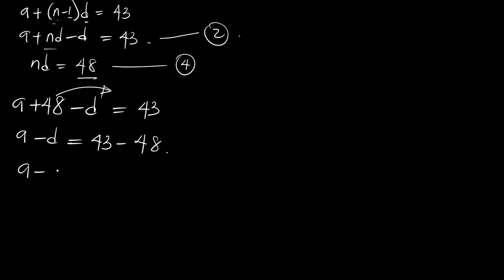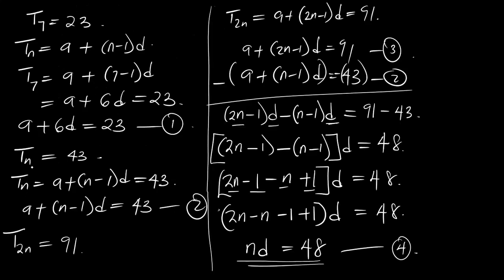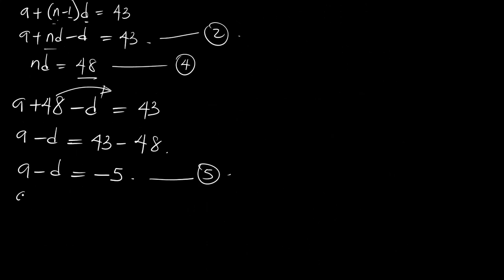Now you have a minus d equal to minus 5. So this is equation 5. And equation 1, you have it to be a plus 6d equal to 23. So a plus 6d is equal to 23, which is equation 1.